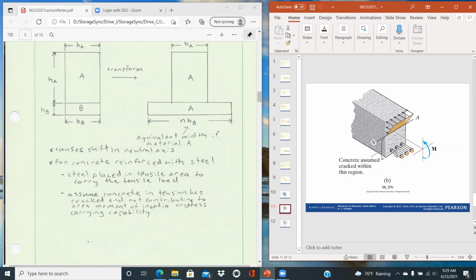And so in this situation, again, we're assuming that the steel is in tension, and then the upper half of the concrete above the neutral axis would be able to support the compressive loads. And so this other concrete below the neutral axis is not taken into consideration in the load carrying capabilities.